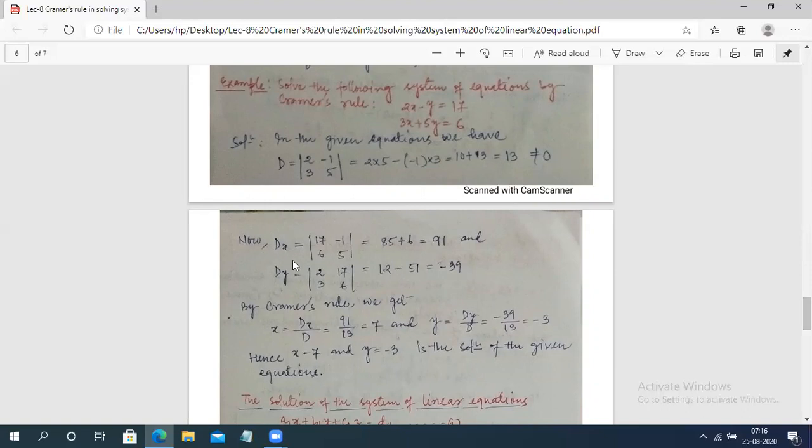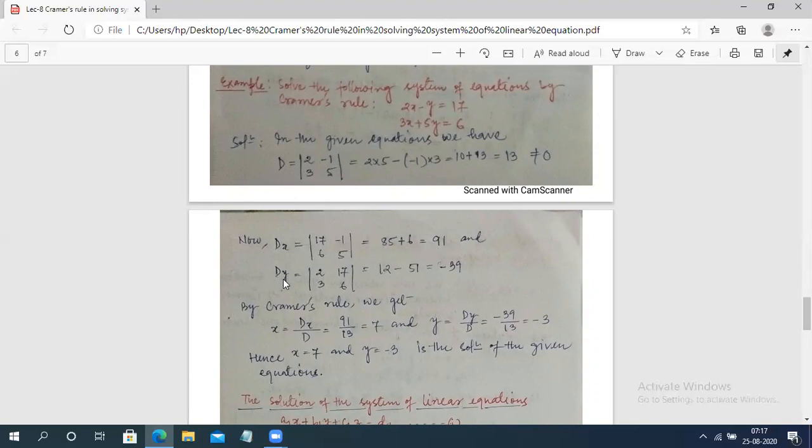For dx, you have to change the coefficients of x to the terms on the right hand side of the equality sign, that is 17, 6. So change 2, 3 into 17 and 6, and the second column will remain the same. Find its value: 17 into 5, with the negative sign, 6 into minus 1, so it is 91.